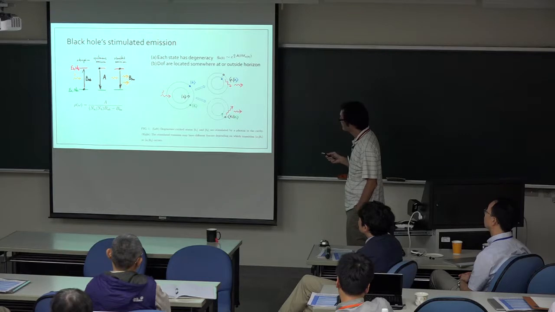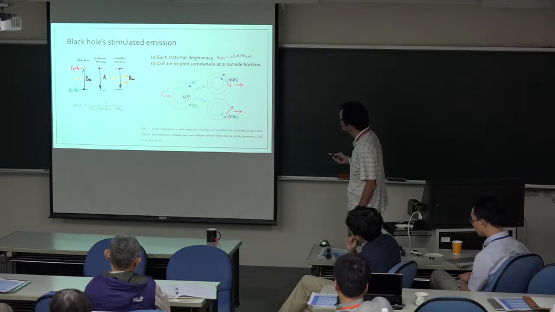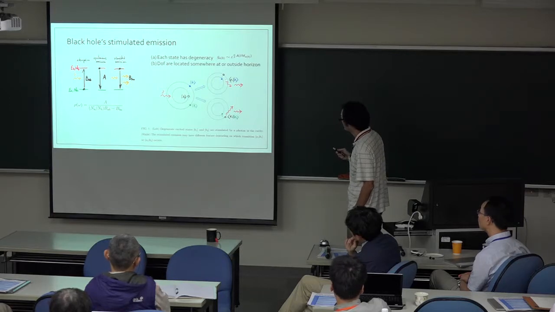You have some photon coming, and it stimulates one of these states in a higher excited state to jump down to the lower states. It could be the B1 state, or it could be the B2 state that jumps down to this lower vacancy. Let's say they maybe have a superposition of the two states, but anyway, they maybe have different probabilities.